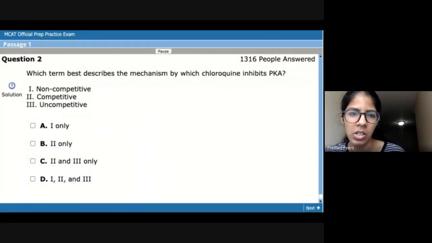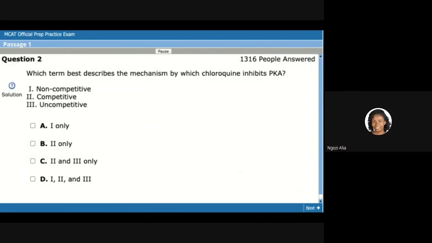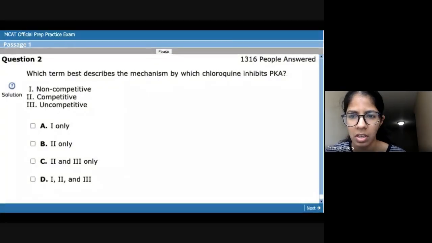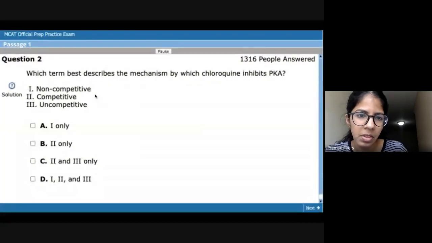Okay, next question. So which term best describes the mechanism by which chloroquine inhibits PKA? Again, if you have an answer, put it in the chat. All A's. Right.